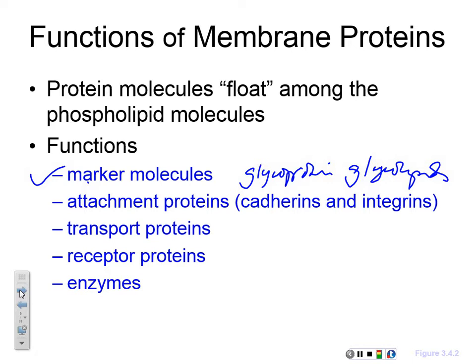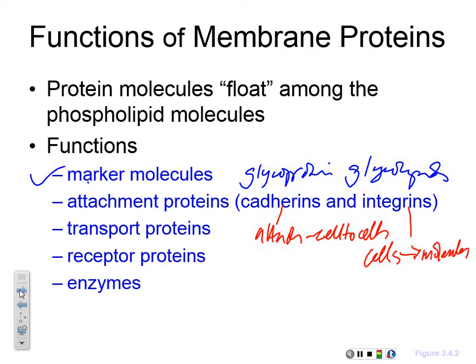Cadherins, does anybody know what cadherins do? What do they attach? It attaches a cell to other cells, yes. That's very good. And then integrins, they attach cells to what? Yep, to other molecules. Yeah, they attach cells to other molecules.